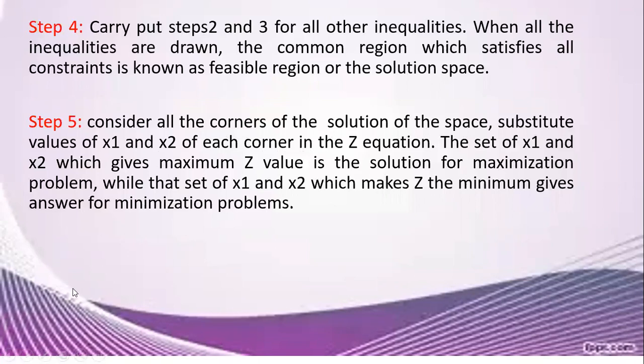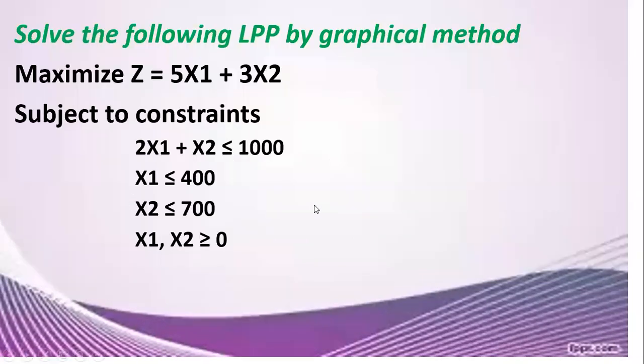If it is a maximization problem, the set of x1 and x2 which gives the maximum value of z is taken as the solution. For a minimization problem, the set of x1 and x2 which makes z the minimum will be the solution for the problem. So there are 5 steps involved in solving by the graphical method.